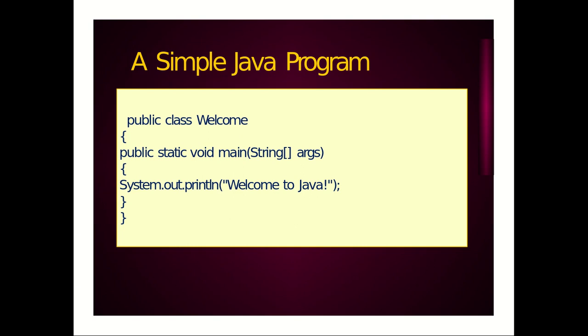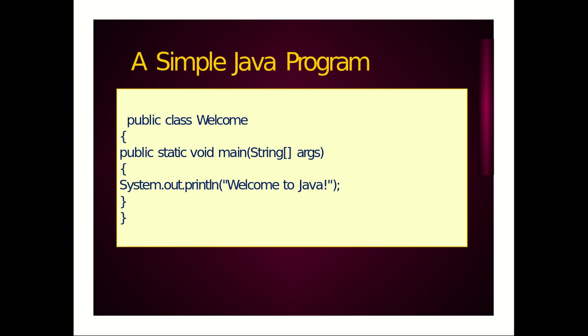Now let's see a simple Java program. How to write a simple Java program? We need some editor, or we can use any IDE such as NetBeans or Eclipse to write the Java program. Here we use a program to print a welcome to Java message. Every program consists of a class statement and the main method.